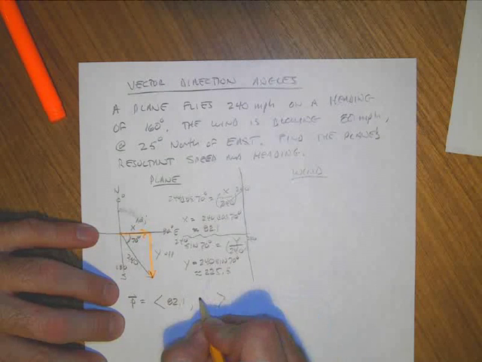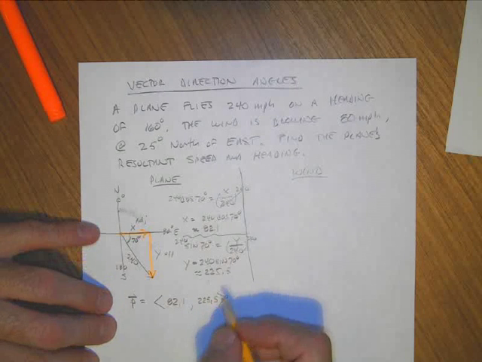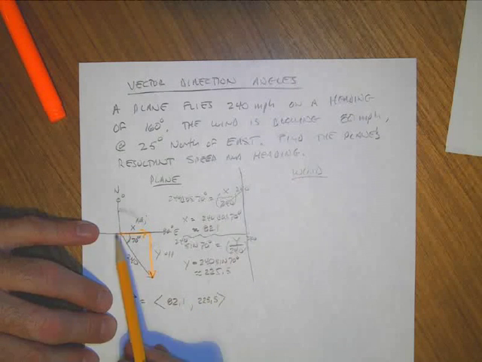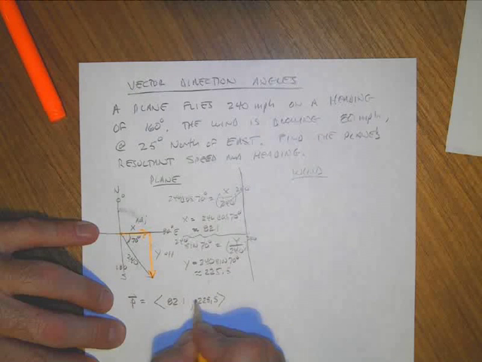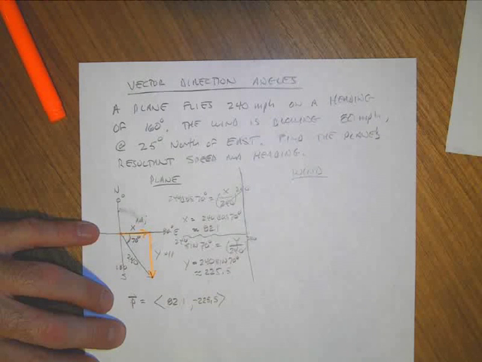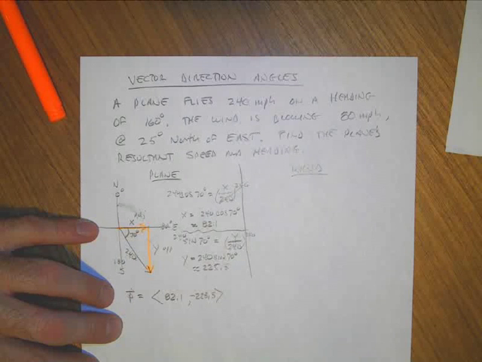So let's write that in, 225.5. Now we have to be very careful here. When we start at the tip, we go positive x, negative y, so this has to be negative 225.5.